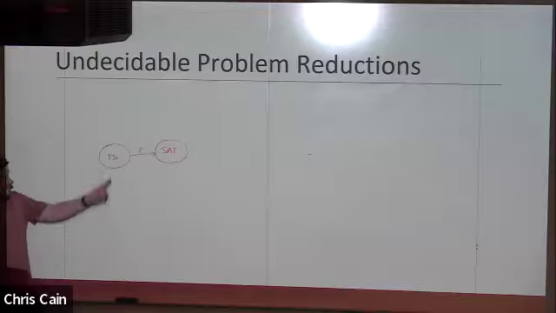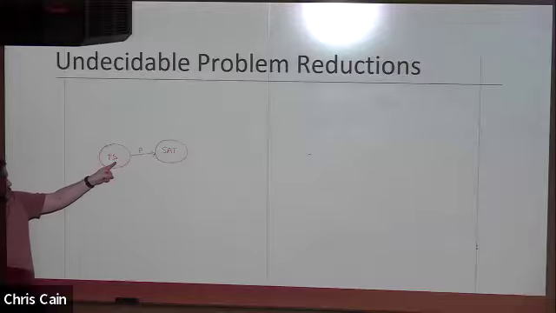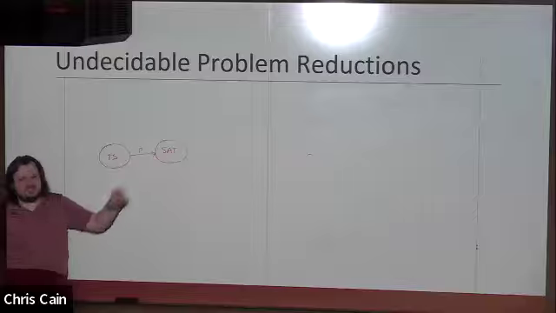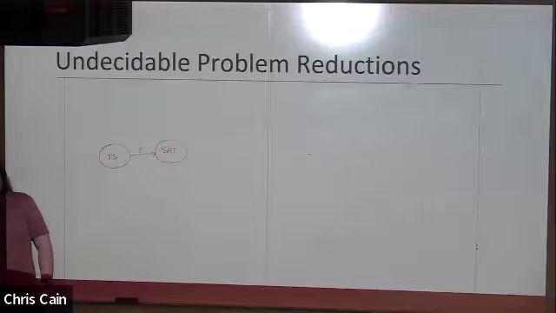The idea would be that if we could solve this in polynomial time, then we could convert it in polynomial time to this problem, and then we could also solve this problem in polynomial time.